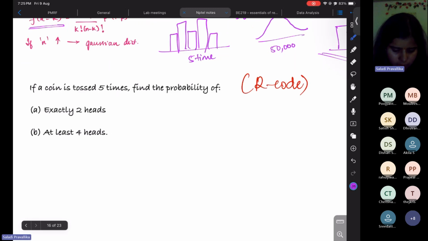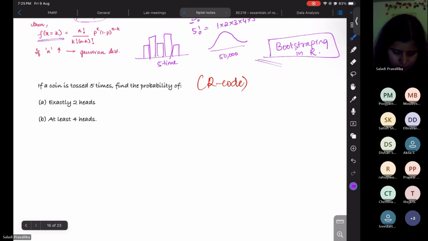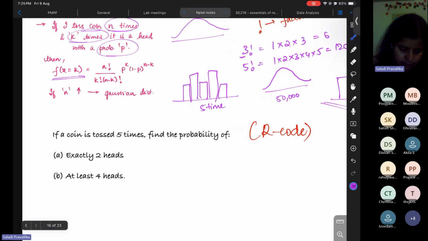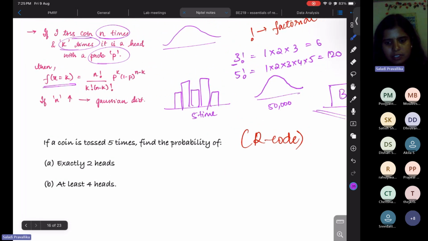Okay? You guys can try this question with the same formula. Formula is here. Everything is here. You can try this question out by yourself. I can wait.